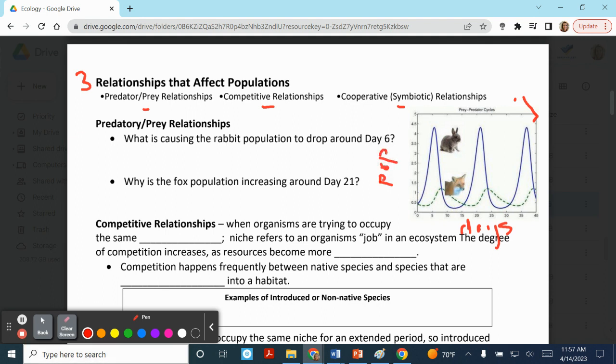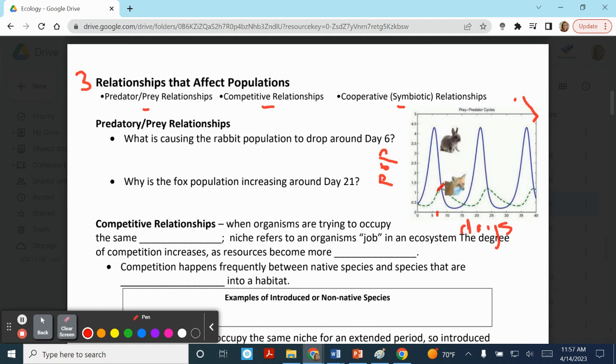Okay. Now, it says, what is causing the rabbit population to drop around day 6? So let's find where day 6 is. So these are the days down here. 6 would be right here. And you can see that around day 6, our population peaks and then it's going to start to drop. Now, when you study this chart, you can see right here that we have a predator-prey relationship taking place.